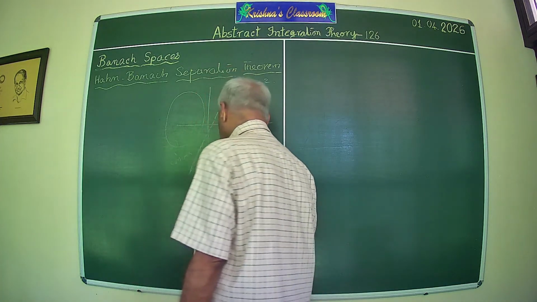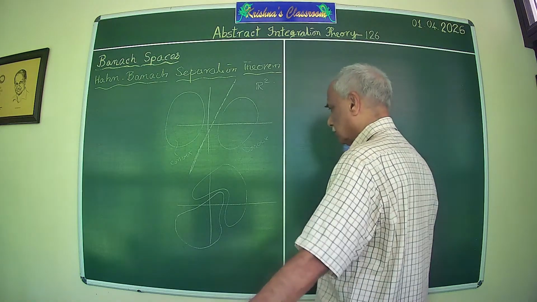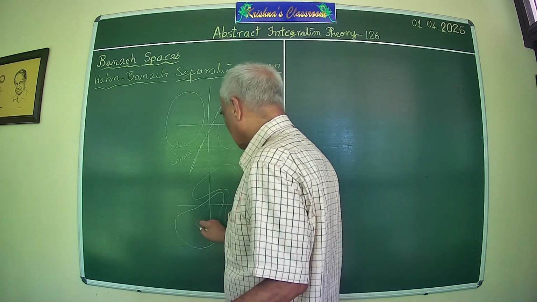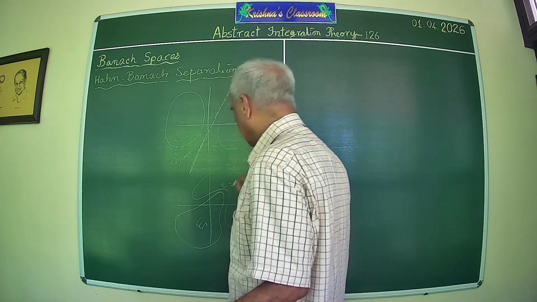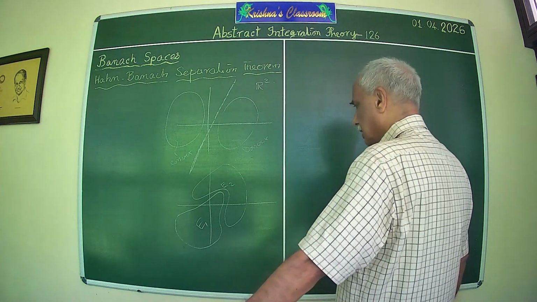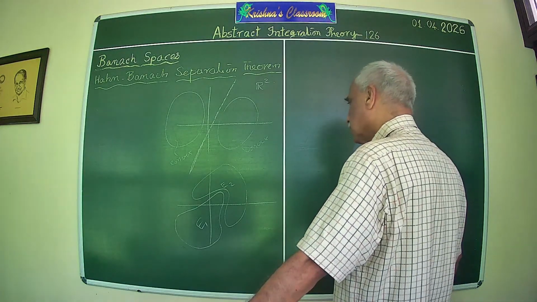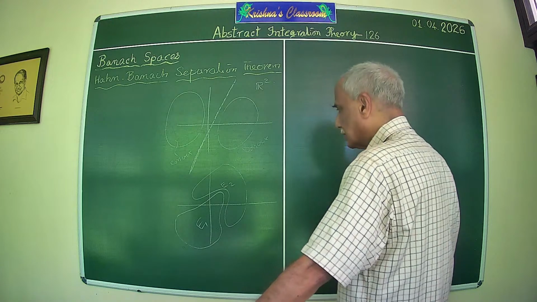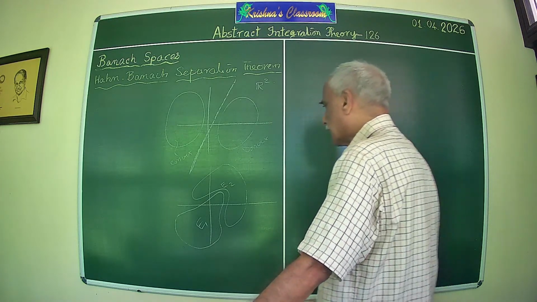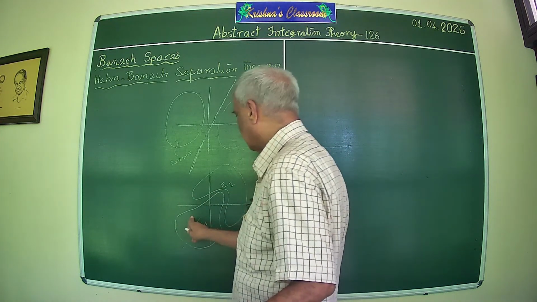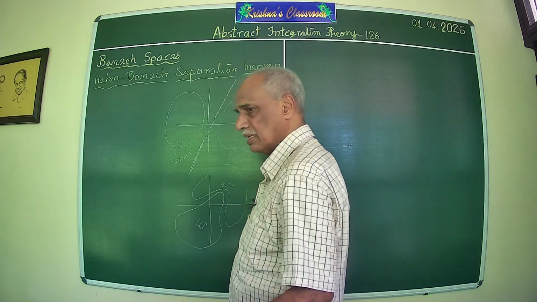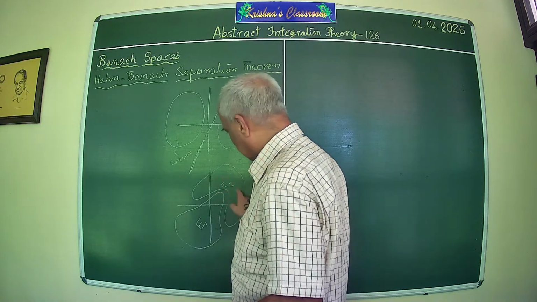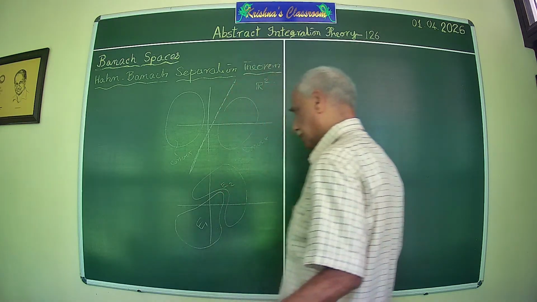Because one of them is nearly convex, the other one is not. Call this E1 and E2. Does there exist a straight line which separates the two regions? The answer is no. Because any straight line that you take, if you avoid one region, it will certainly intersect the other. Therefore, you see that convexity is what is not there.